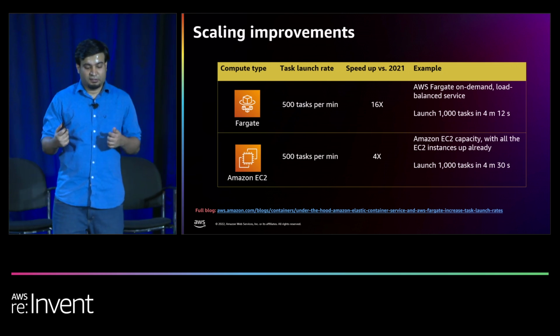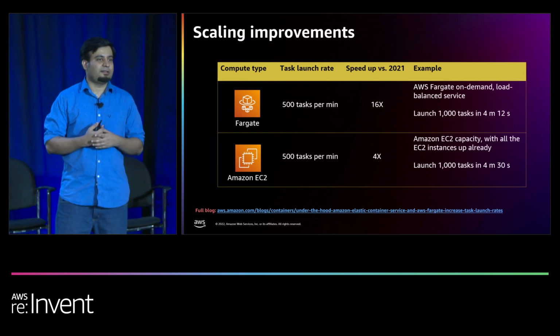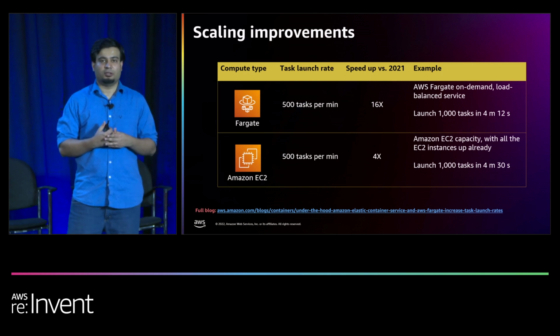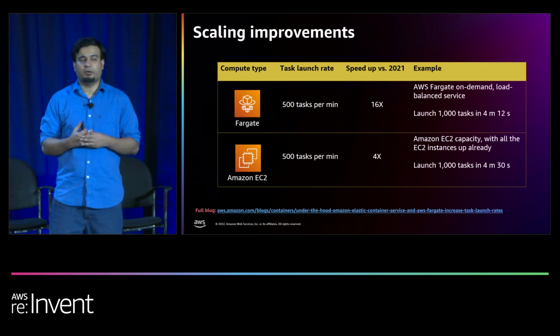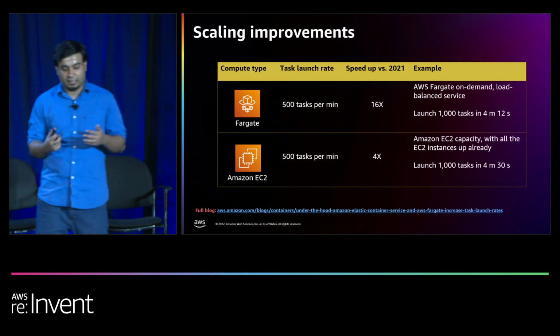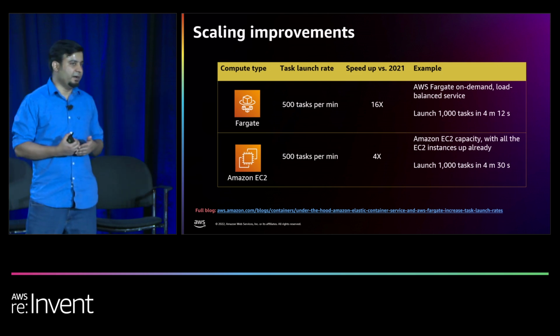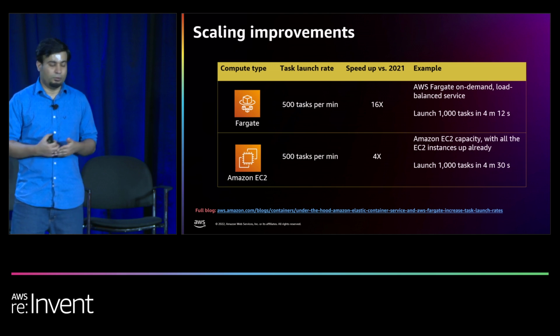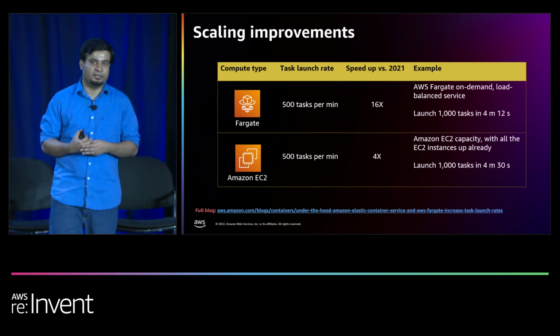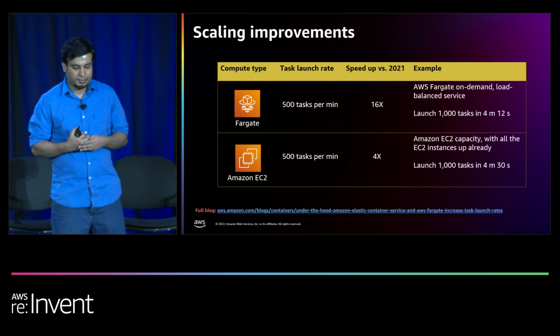So this year, we have increased the scheduling rates on ECS to launch new tasks. Now ECS can support up to 500 tasks launched per minute, which is a 16 times improvement on AWS Fargate and over 4 times improvement on EC2 compared to last year.